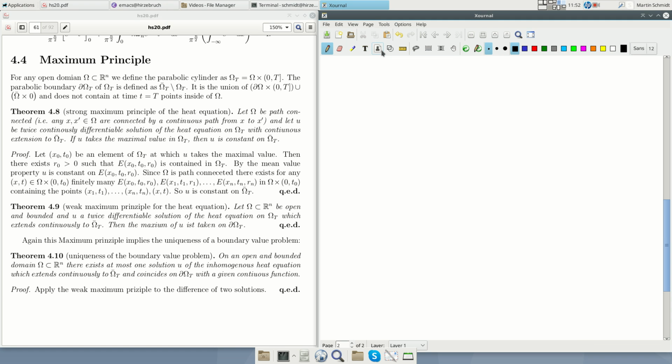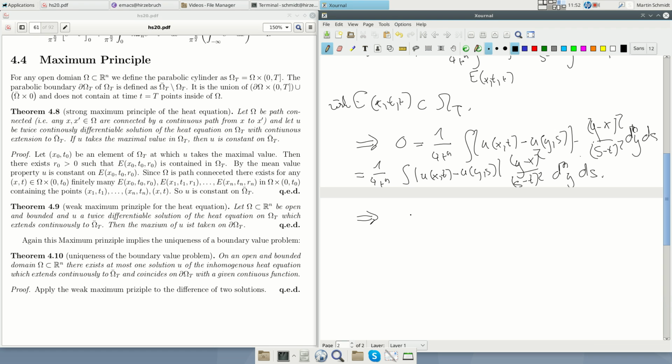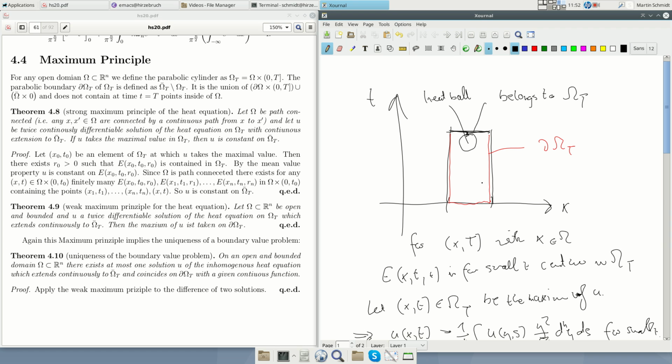that u of y, s is equal to u of x, t for all y, s in the heat ball. Now if we have any other point, then we connect it by a path, and along this path we choose heat balls, and then we get that this is indeed equal there also.